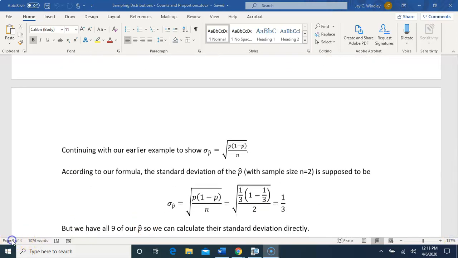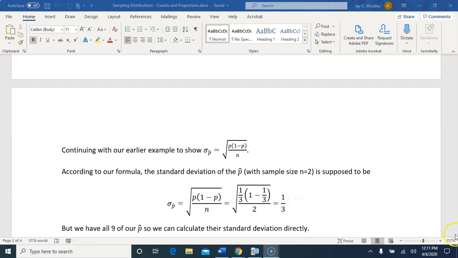So just to check this with our earlier example, according to our formula, the standard deviation of the p-hats should be radical p times 1 minus p over n, so that should just turn out to be 1/3.